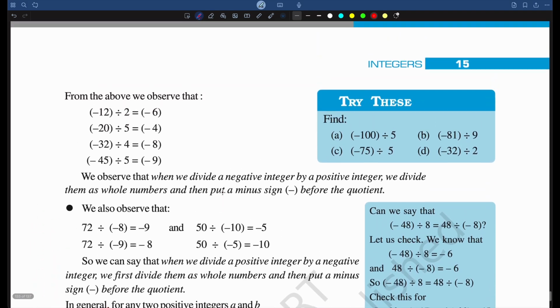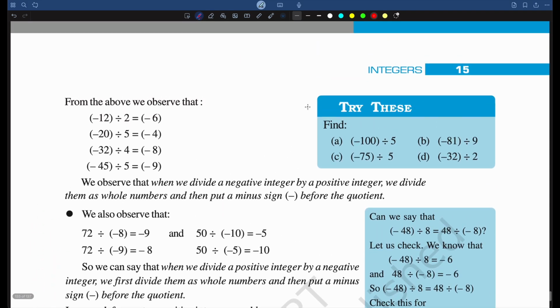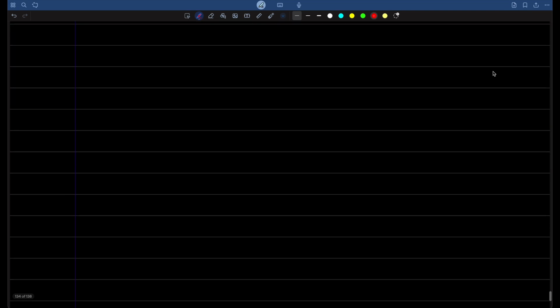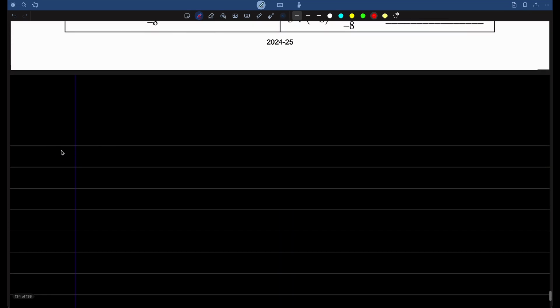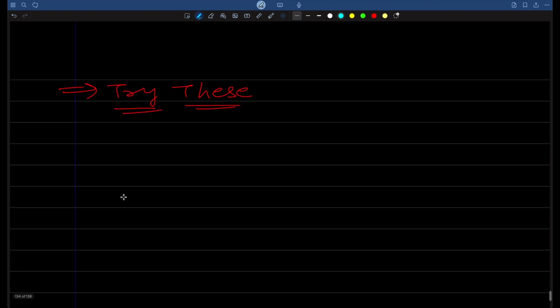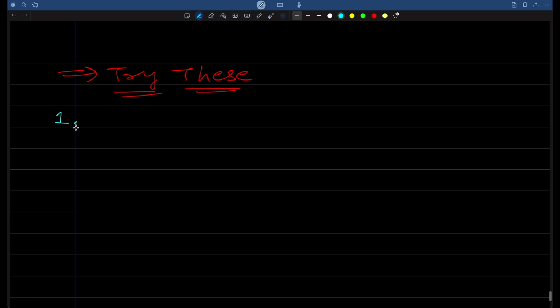Now let us solve. Try this. First question is minus 100 divided by 5.